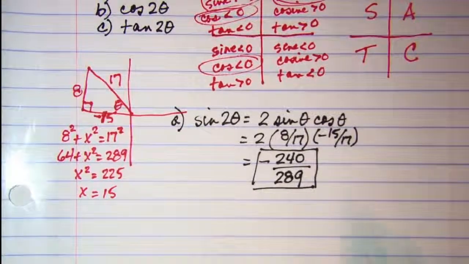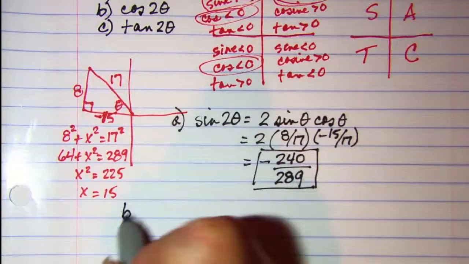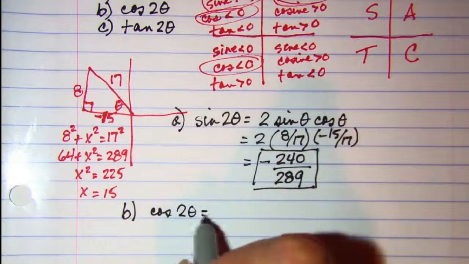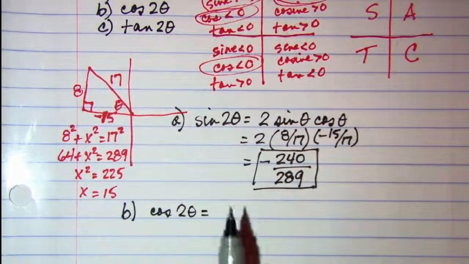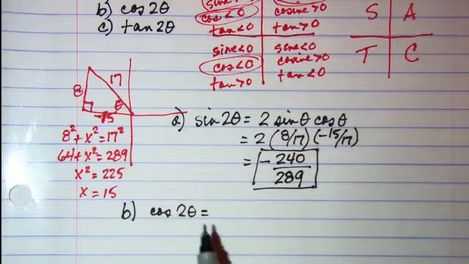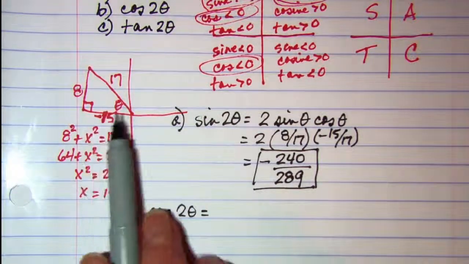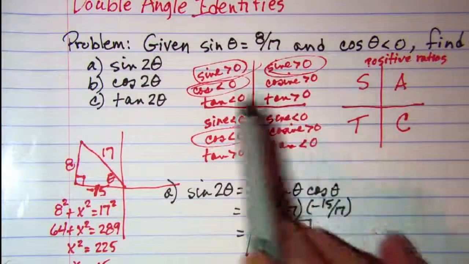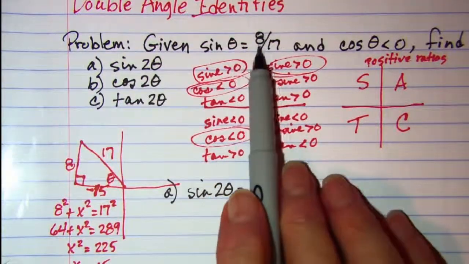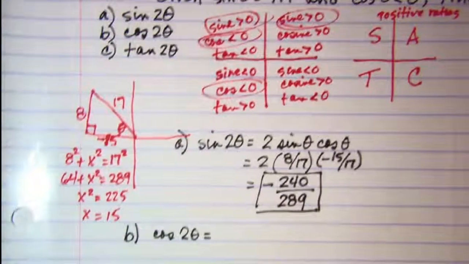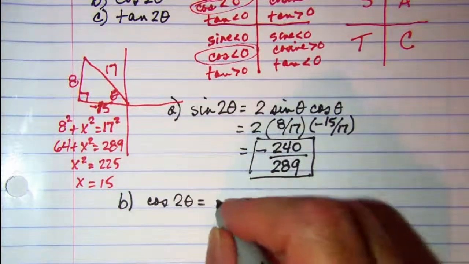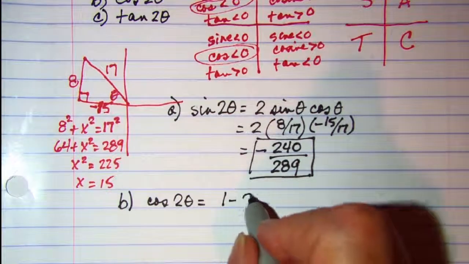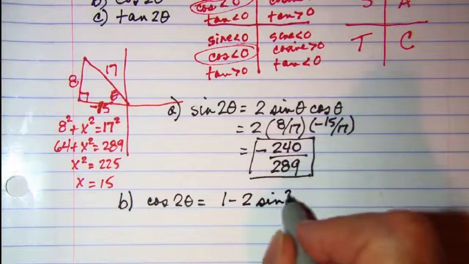Now the B part of our problem, we're asked to find the cosine of 2 theta. Now we have 3 identities that we could use, and it doesn't matter since we know all 3 sides of our triangle. But since my given deals with sine, I'm going to go ahead and use the identity that says cosine 2 theta equals 1 minus 2 sine squared theta.